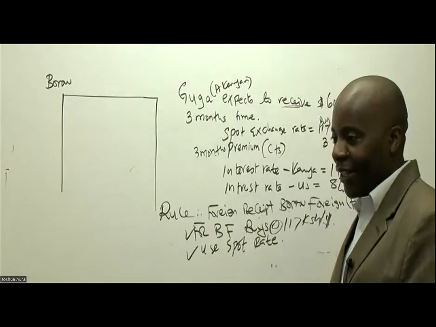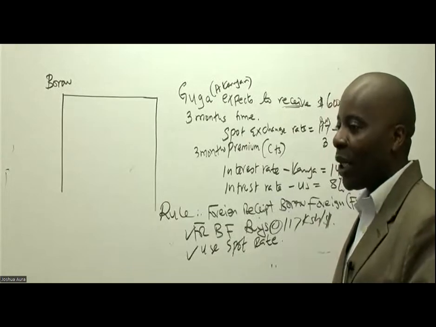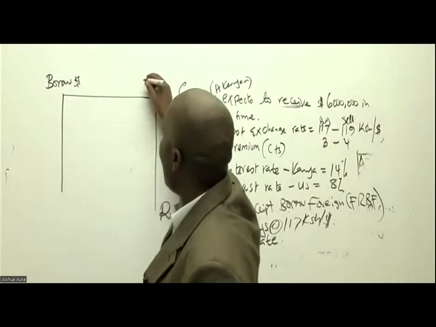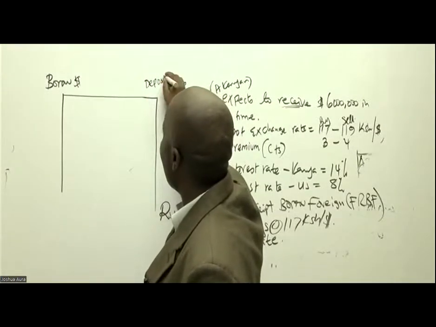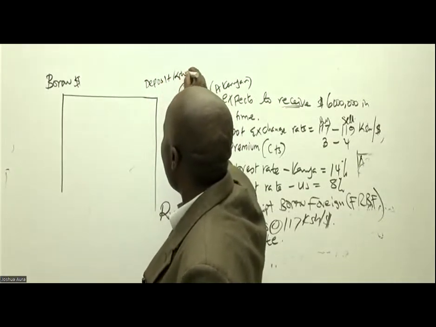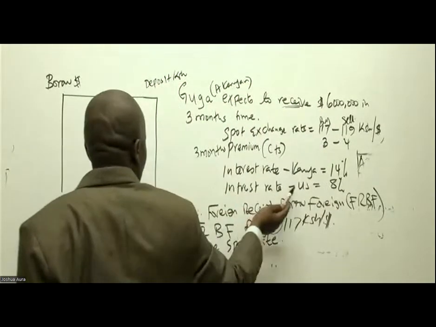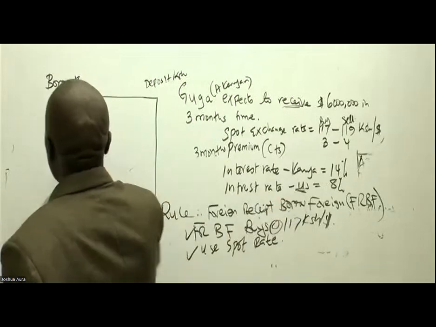The dollar. Remember, he's a Kenyan, so what is foreign to him is the dollar. So borrow the dollar. And then now he'll come here and deposit or invest the other currency, which is the Kenya shilling.